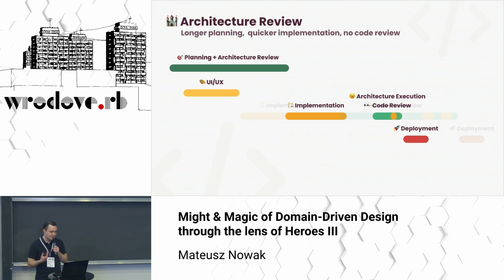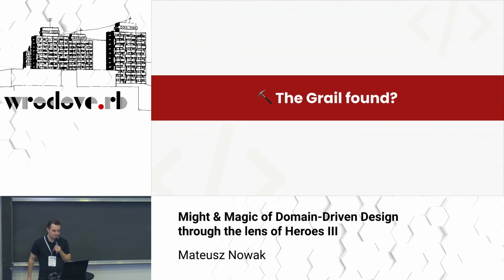We can call it an architecture execution, because we don't focus too much on the code now, because we have the standards for the implementation, and usually there won't be anything surprising here. With that, the code review becomes just a formality. We are only executing what we have decided before, and we are verifying if our model is reflected in the code.